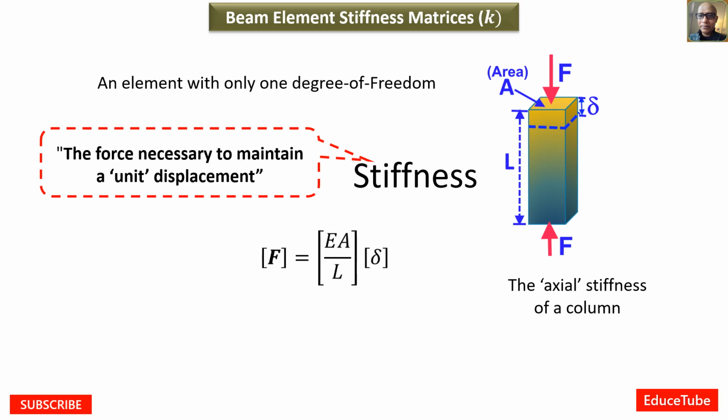So the equation, this one, I mean the matrix and vector relations. Here EA is the axial stiffness for a structural member that mainly resists axial load. Here we can see the axial load F in this column, and the same behavior we can see in a truss member also.